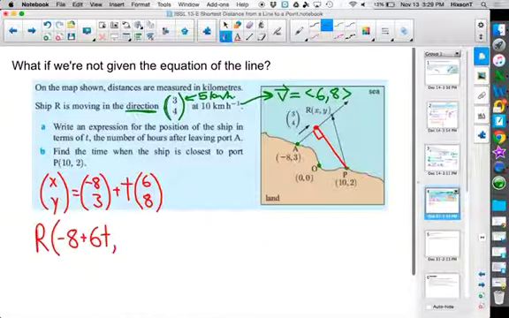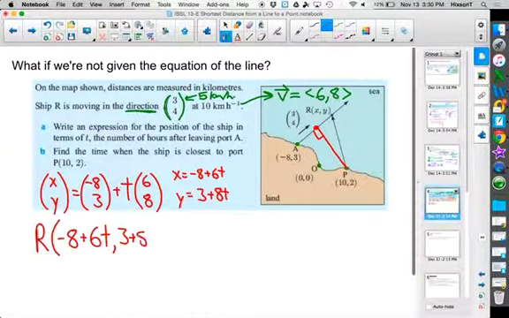It would be the x parametric equation. If you want to write out the parametric equations, go right ahead, if that helps. Okay? The y parametric equation would be 3 plus 8t. So that's going to be the y coordinate of point R.